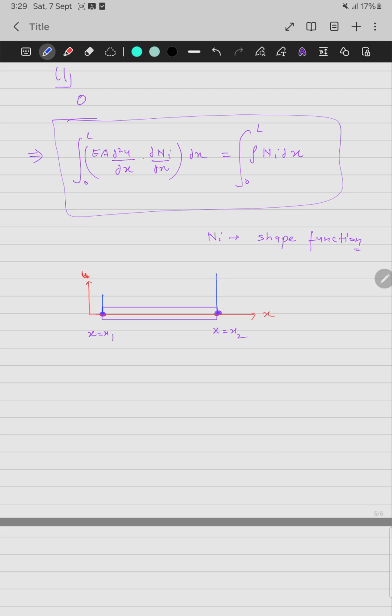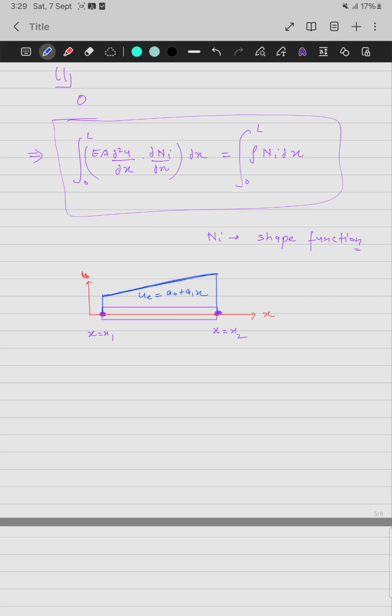So there will be a curve that shows the displacement throughout the bar. We will write a general equation here, UE equals a naught plus a1x. As of now I am writing a general displacement equation along this bar. If we put the value of x, x1, x2 or any other value in between, we will get the displacement at that particular point.